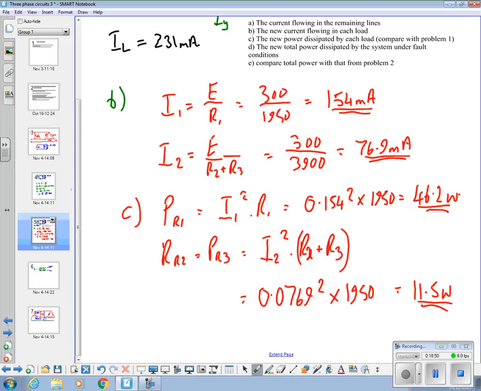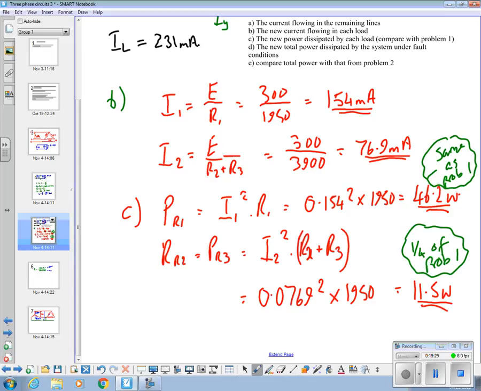So each of those two resistors, R2 and R3, are now dissipating a quarter of the power they did when the third phase was connected. That's a quarter of what it was in problem 1, and this one is the same as problem 1.